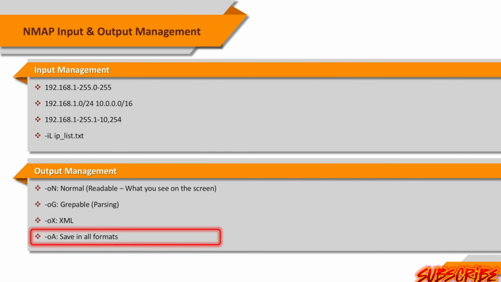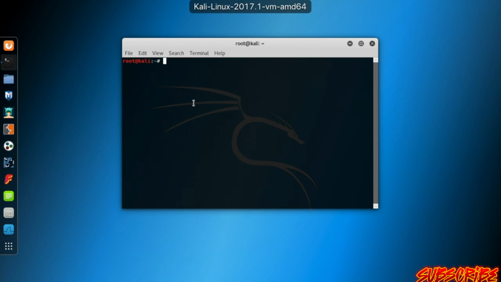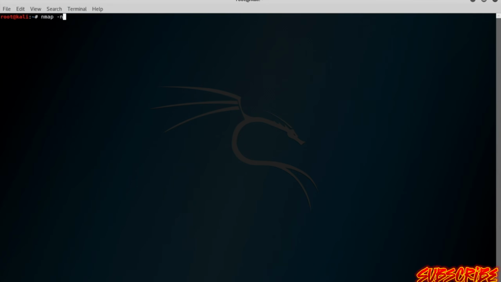Now let's see the Nmap output management in action. Go to Kali and open a terminal screen. Prepare an Nmap query. For this example, I want to prepare a SYN scan. Now we're ready for output management options. First, I want to generate the XML output using the -oX parameter. The -oX parameter needs the output file name.